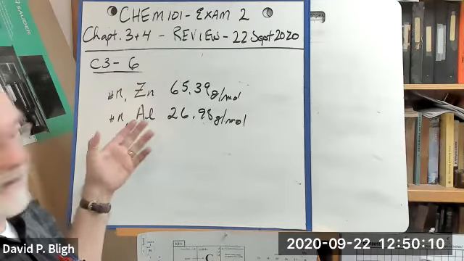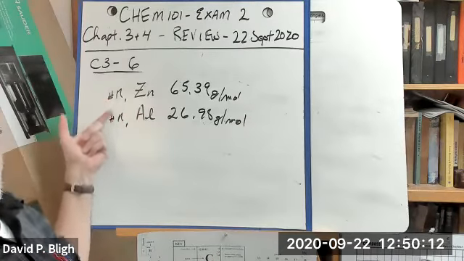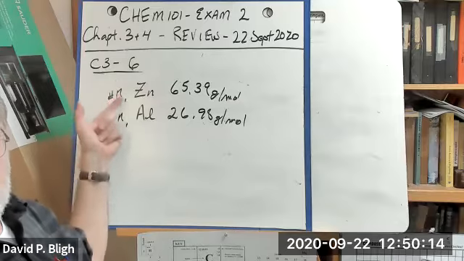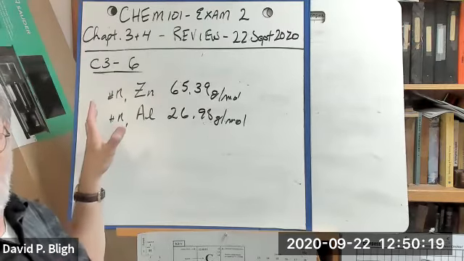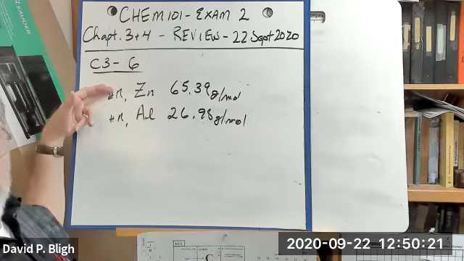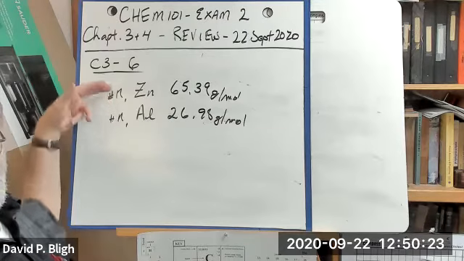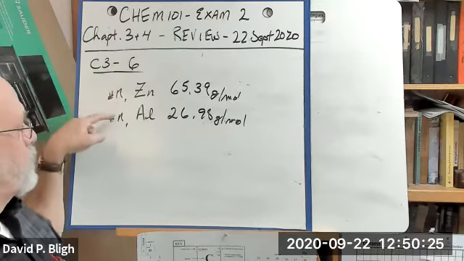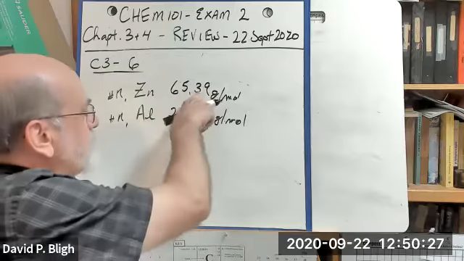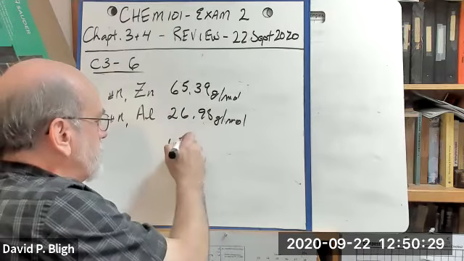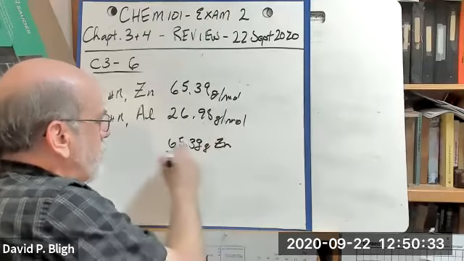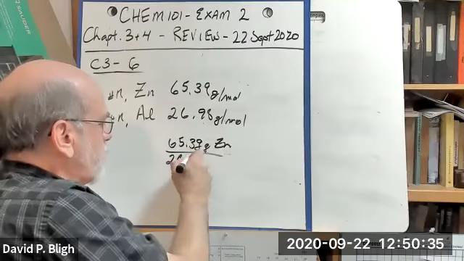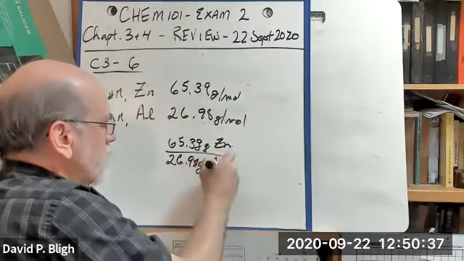Well, you don't exactly, but you do know that the number of moles of each is exactly the same. So to compare the two, just pick something. Make it easy on yourself. 1 mole. So 1 mole of this and 1 mole of that would be 65.39 grams of zinc ratioed to 26.98 grams of aluminum.